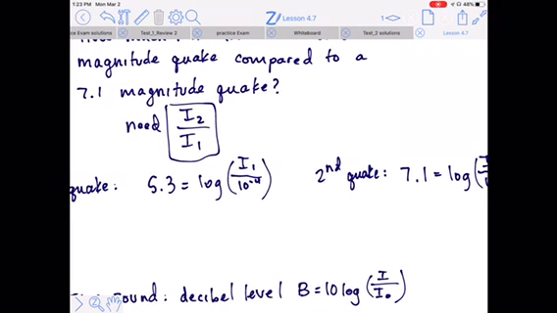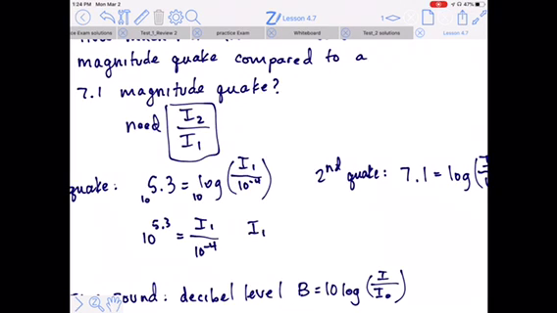So going back over here, to solve a logarithmic equation, we use a base on both sides, in this case base 10. So now we have 10 to the 5.3 equals I1 over 10 to the negative 4. We multiply both sides by 10 to the negative 4.